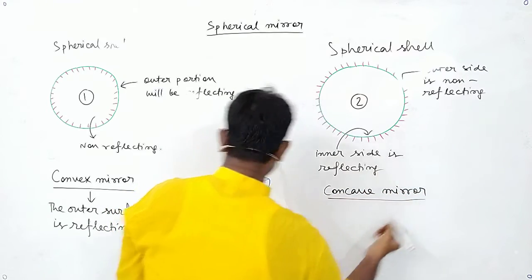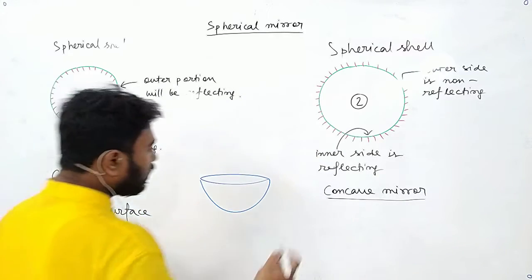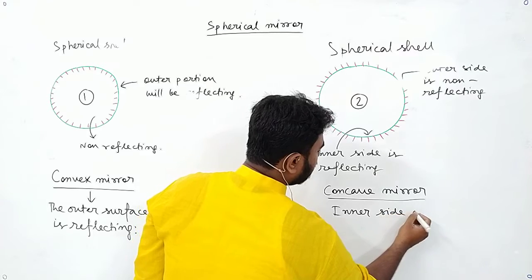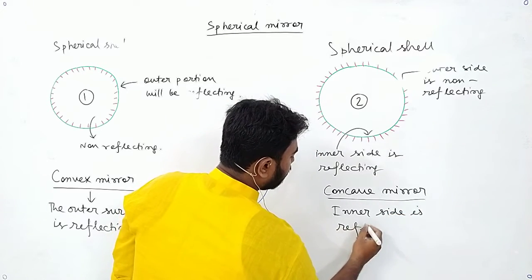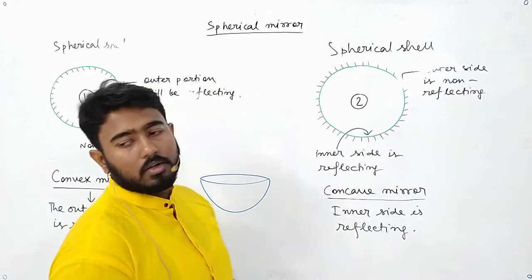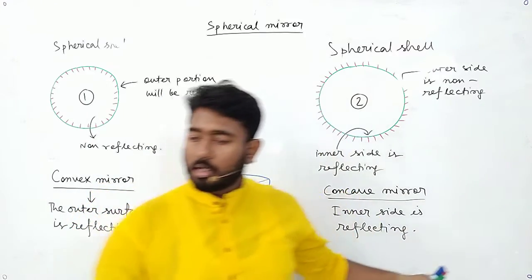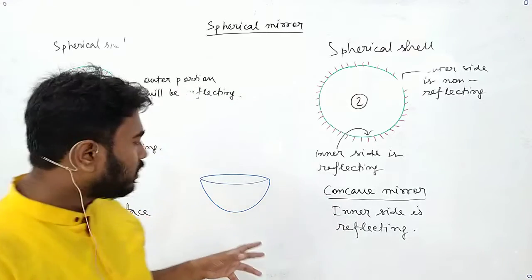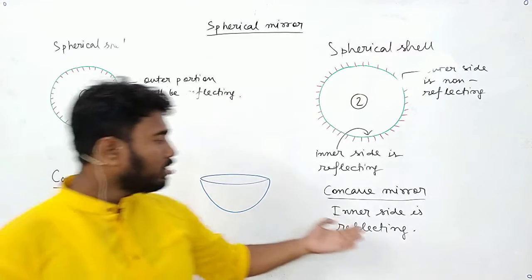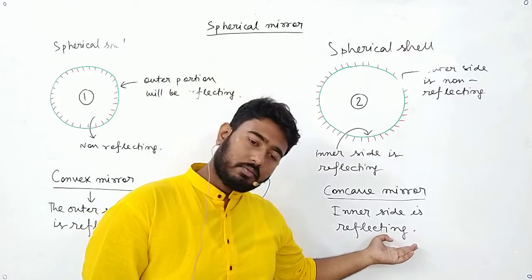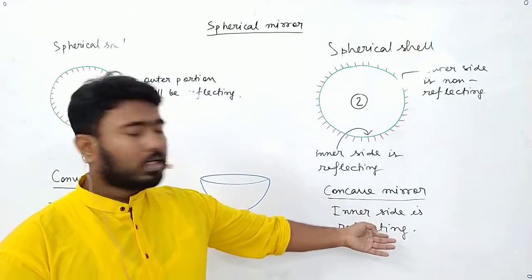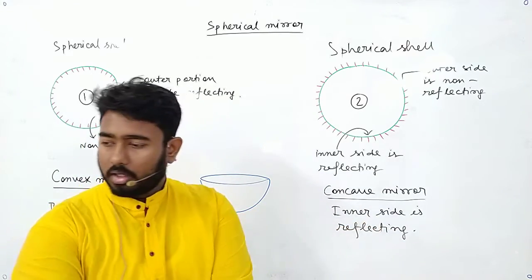Concave mirror means a mirror whose inner side or inner surface is reflecting. We got the idea? So we got two kinds of mirror, one whose outer surface is reflecting, another one whose inner surface is reflecting. Is it clear for us?